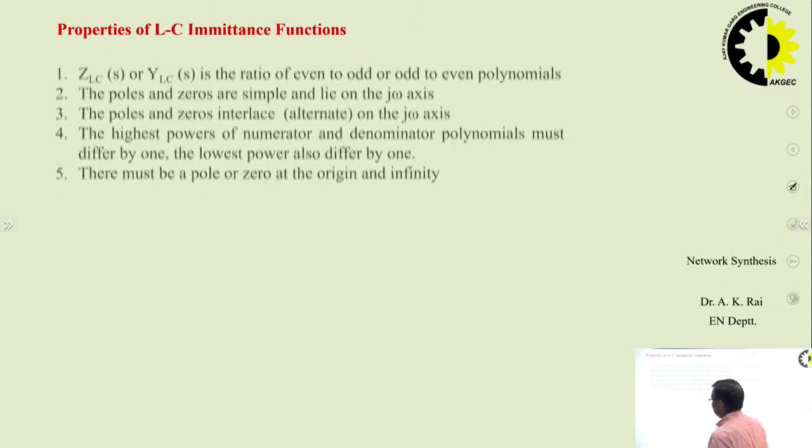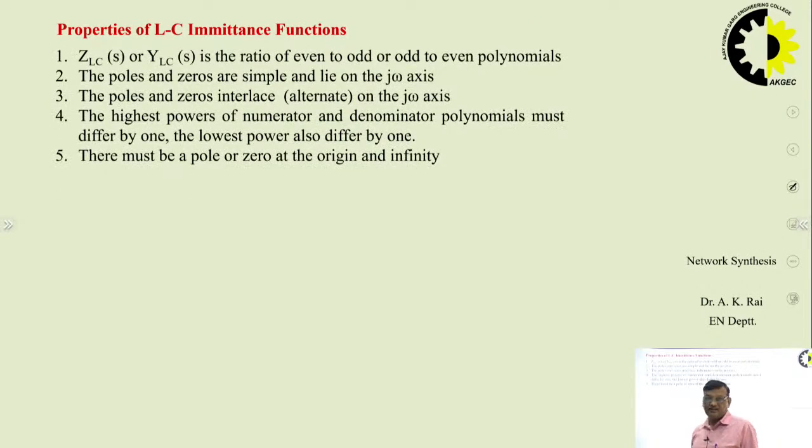First we start with the 2 elements, that is L and C. If the function is given, how will we judge whether the given function is LC, RL or RC? The properties of these functions give a lot of help to distinguish them.